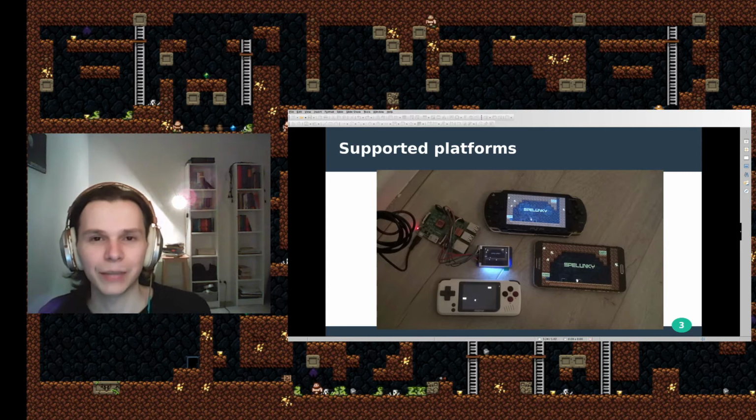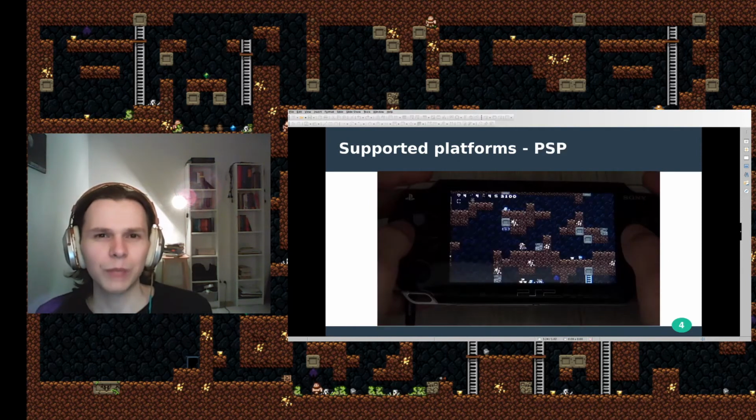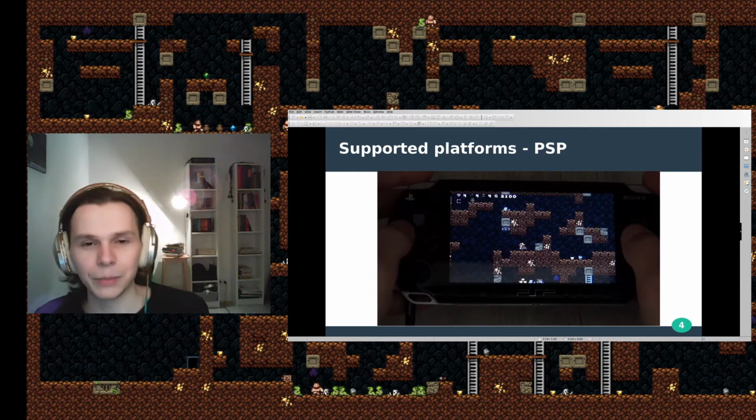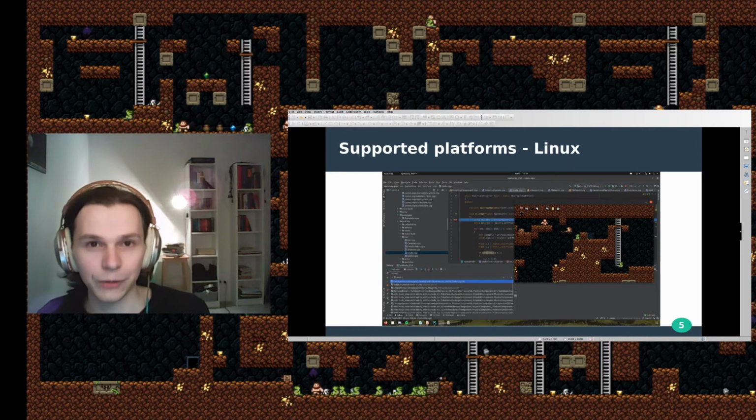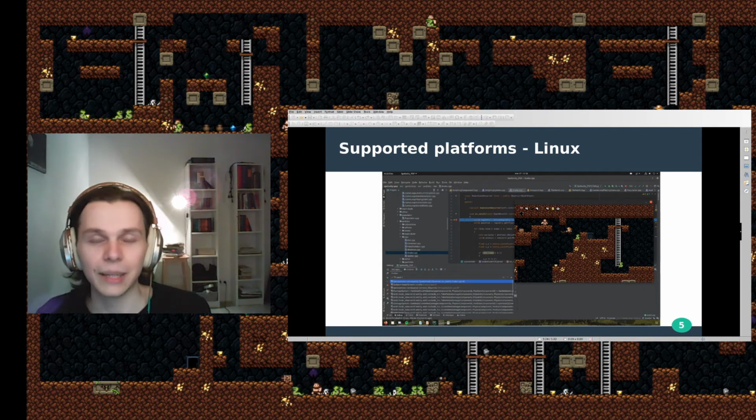So how many platforms are supported at this moment? Well, obviously PSP, but not only PSP, because supporting a generic Linux platform was a must for development because I needed a debugging environment. Truth is, most of the bugs you introduce when writing a game are platform independent, and those are your game logic bugs.